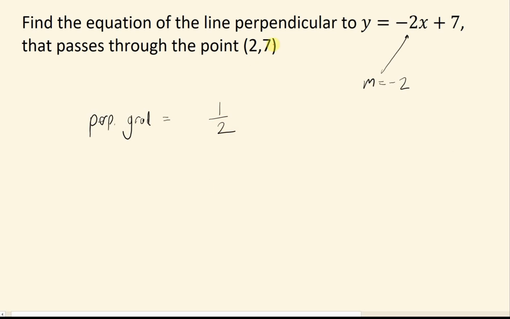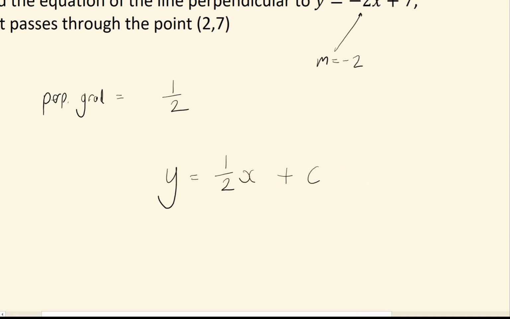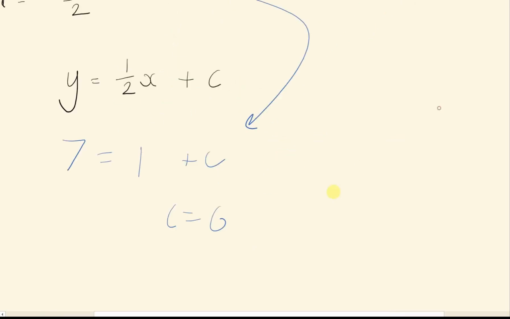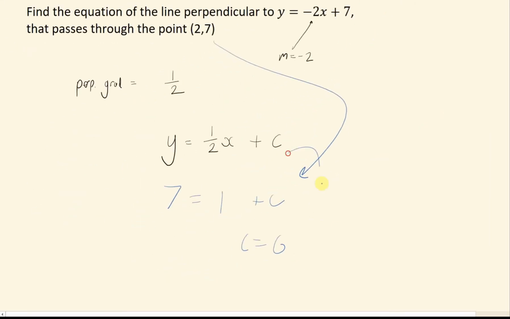So the equation of this new line, the perpendicular line, is going to be y equals a half x plus c. We can now work out the c just by plugging this coordinate in here and then solving the equation. Doing that, we can see that these two terms give you 1, so therefore c is 6. So the equation of my perpendicular line is y equals a half x plus 6.